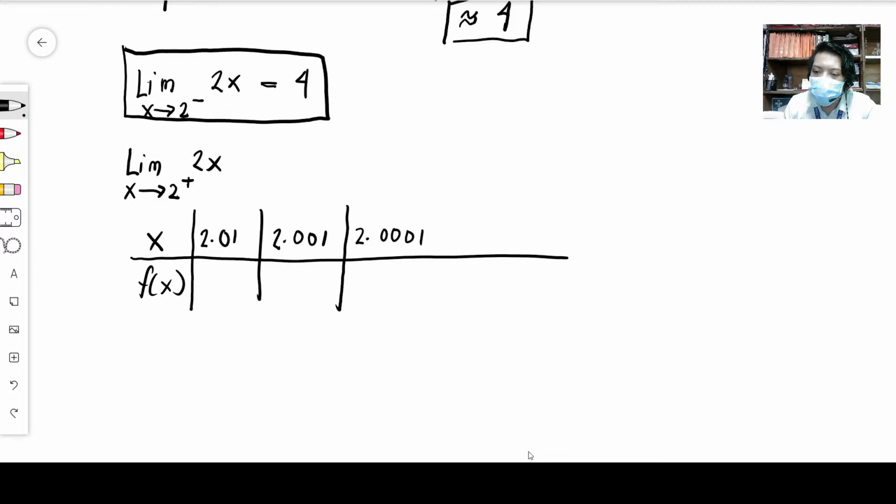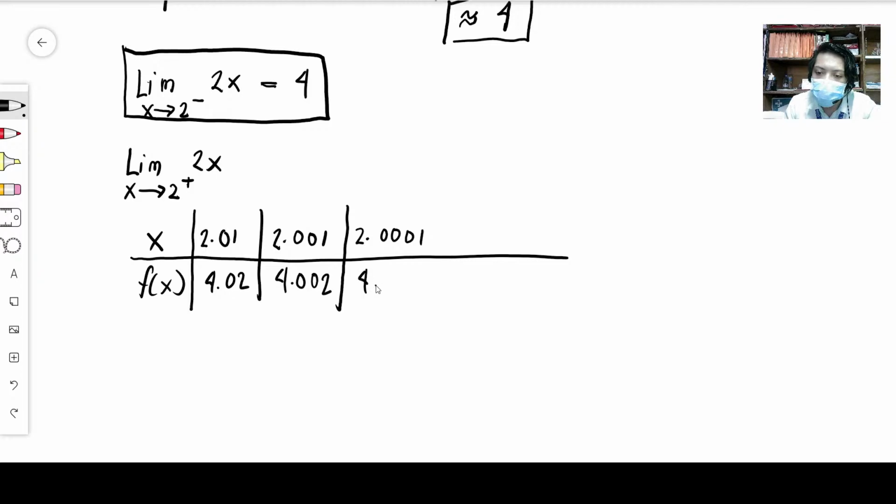So when you solve for the value of f of x when x is equal to 2.01, the value is 4.02. Now when x is equal to 2.001, the value of f of x is 4.002.